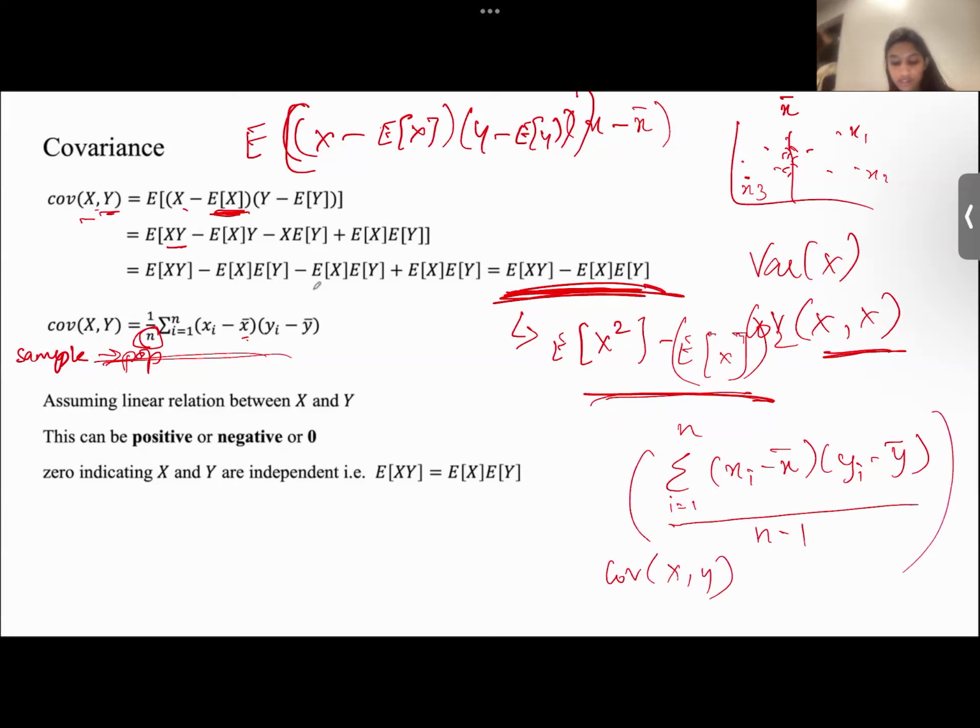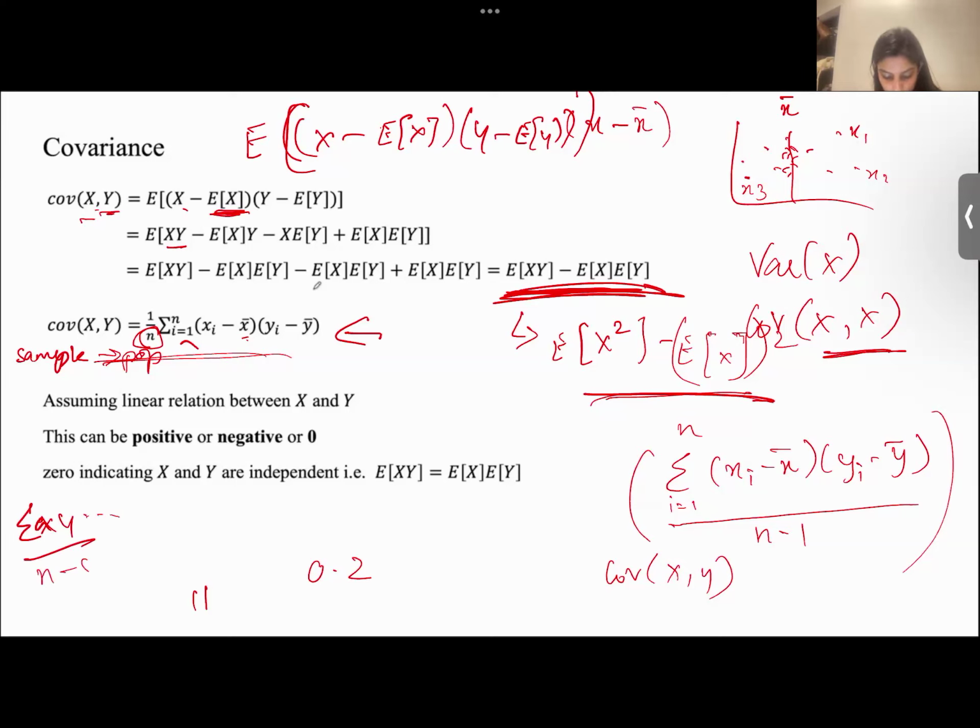So when you want to calculate it like this, let's say R gives you 0.2 and your sample size is, let's just say, 11. Let me put it a different way. You have this observation, xy, all that summation divided by n minus 1. This is what R gives you.